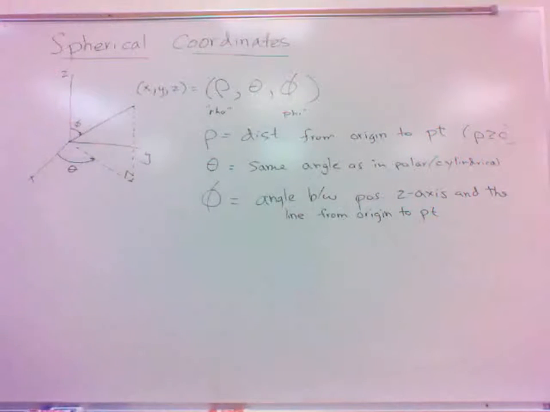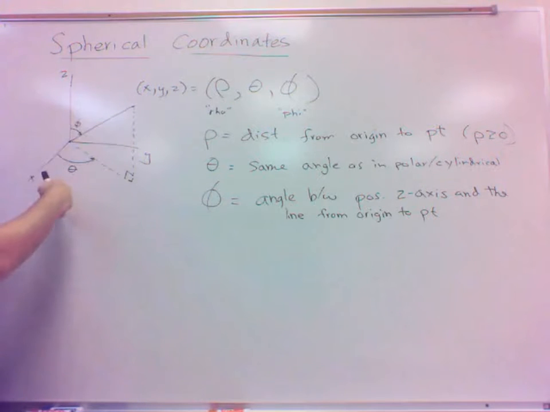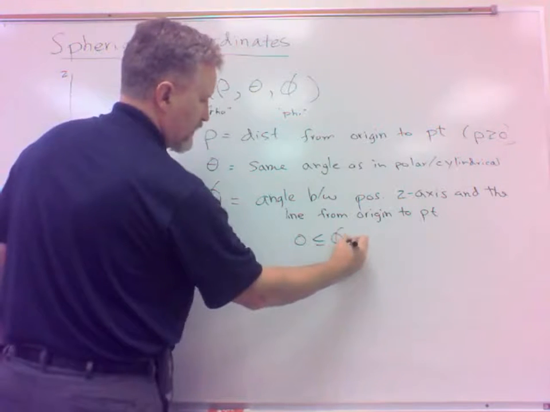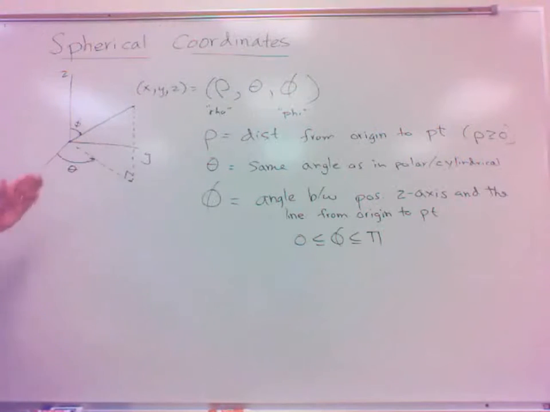And there is a restriction on phi. The maximum it can be is 180 degrees, pi. So it ranges from 0 to pi. Theta can be any angle, but the restriction on phi is that it has to be from 0 to pi.